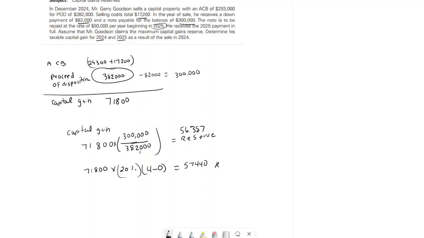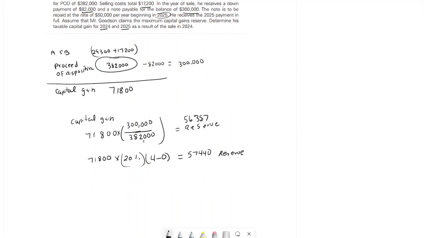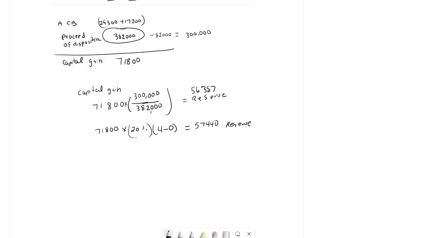These are my reserves. So when you have a reserve, we take the lower amount. This is the lower, so we take the lower reserve.